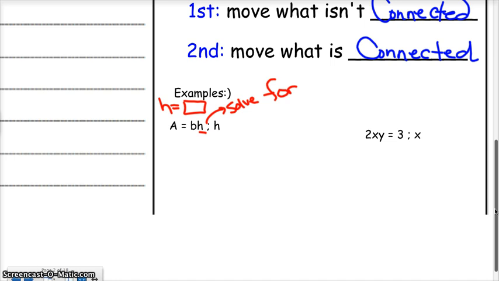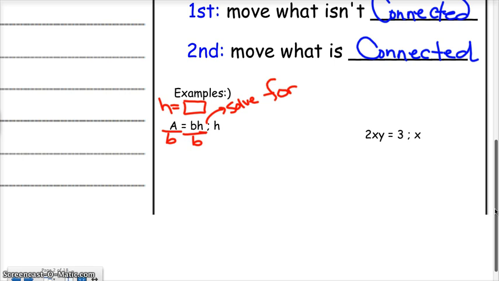What's sticking to the h right now? B. And is the b being multiplied or divided or added or subtracted? Multiplied. B times h. How do I move multiply? Divide. So I'm going to divide this side by b. Algebra tells me I need to keep the balance and divide it on the left side. I can't do anything with these two, and that's okay, they're just letters.